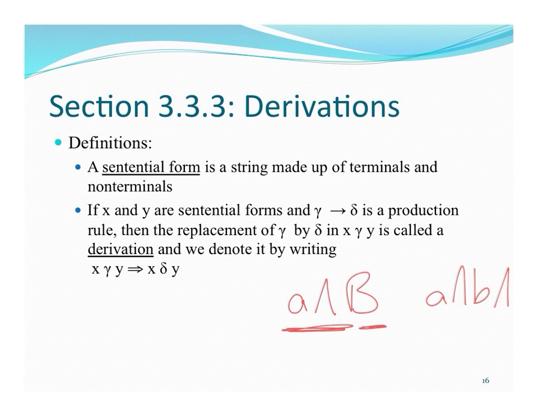And then finally, you'll see on the previous pages, I've been using this double arrow notation to represent these derivations, and that just says here's how you do one step. If it is the case that gamma produces this delta, then we can take the gamma in here, replace it with the delta, and call that a derivation.